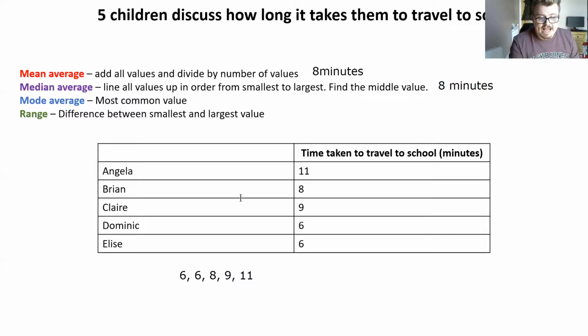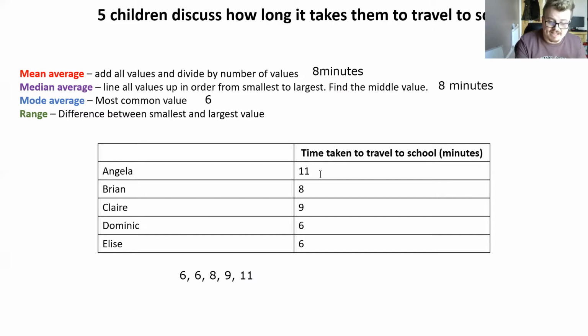The mode average is the most common answer, the data that comes up most. So if we look at our data here, we've got 6, 6, 8, 9, 11. As you can see, 6 comes up most. So 6 would be the mode average of this data. And finally, to find the range, all we need to do is subtract 6, because that's the lowest value, from 11, because that's the highest value.